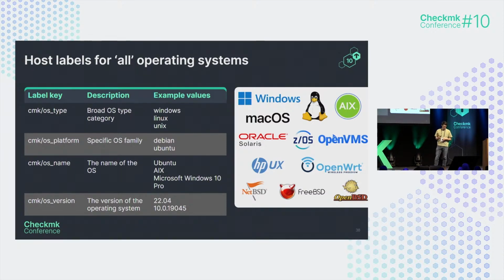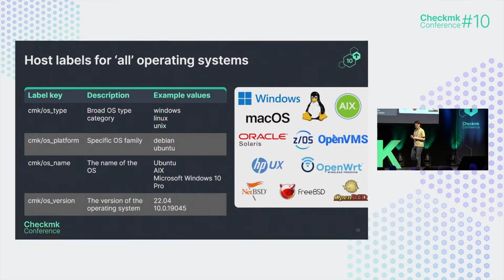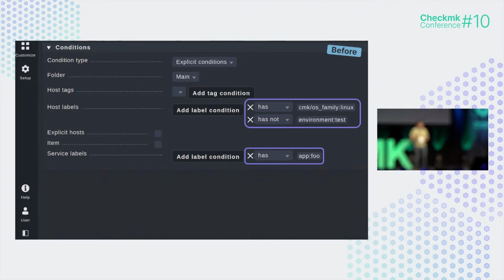And now imagine that we have all these labels. I mean, it's nice, but what do you do with them? You obviously need to put them somewhere into rules, into conditions. And what we had in 2.2 was this. We can, for example, say, has OS family Linux and is not environment test. What you can't do, for example, is has label Linux or has label Windows.